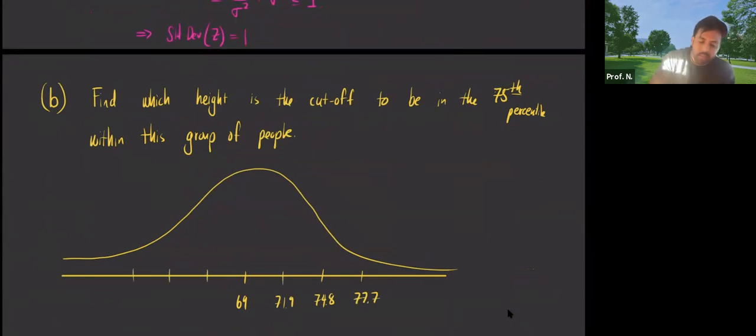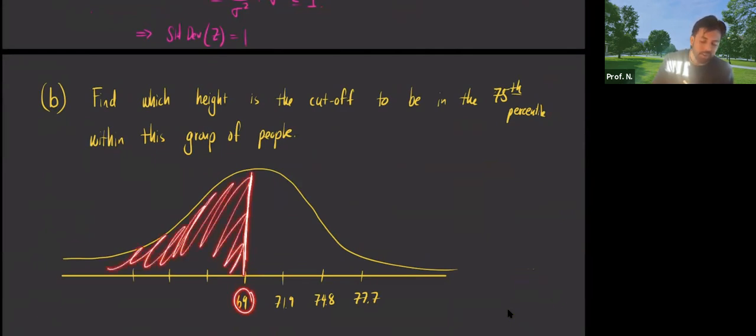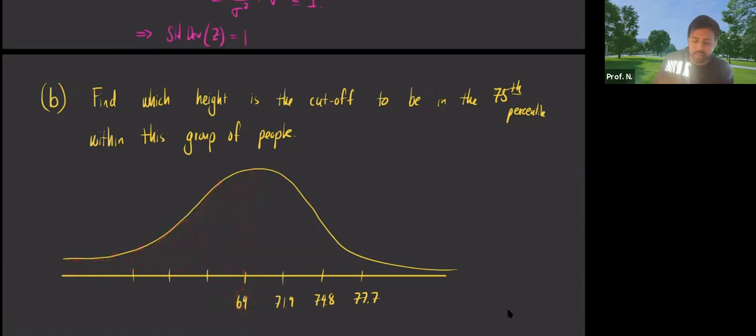So the 75th percentile, well, first of all, what is the 50th percentile? It's halfway, right? So 50th percentile is associated with which number? With the mean. Does everybody see that? Because 50%, which is 0.5, is the area to the left of 69. So the 50th percentile is smack dab in the middle, which would be represented by the mean. Okay. But I want to find the 75th percentile.